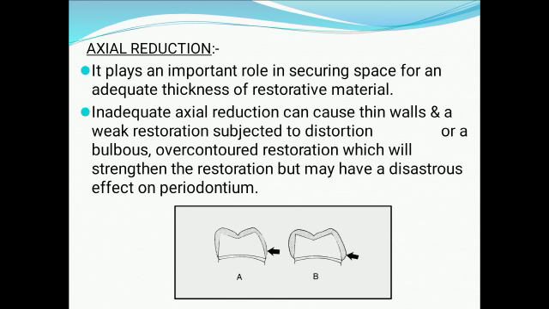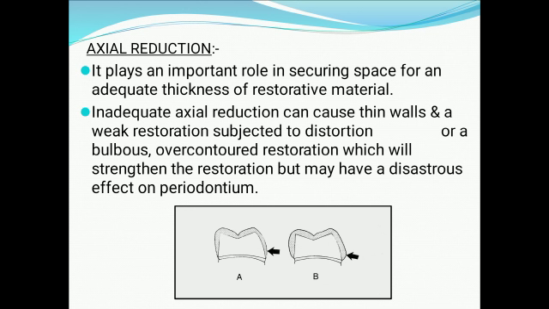Inadequate axial reduction may lead to overcontouring of proximal surfaces, which can lead to periodontal problems. The required taper should be obtained during axial reduction. Over reduction will lead to loss of retention. It plays an important role in providing space for an adequate thickness of the restoration material.